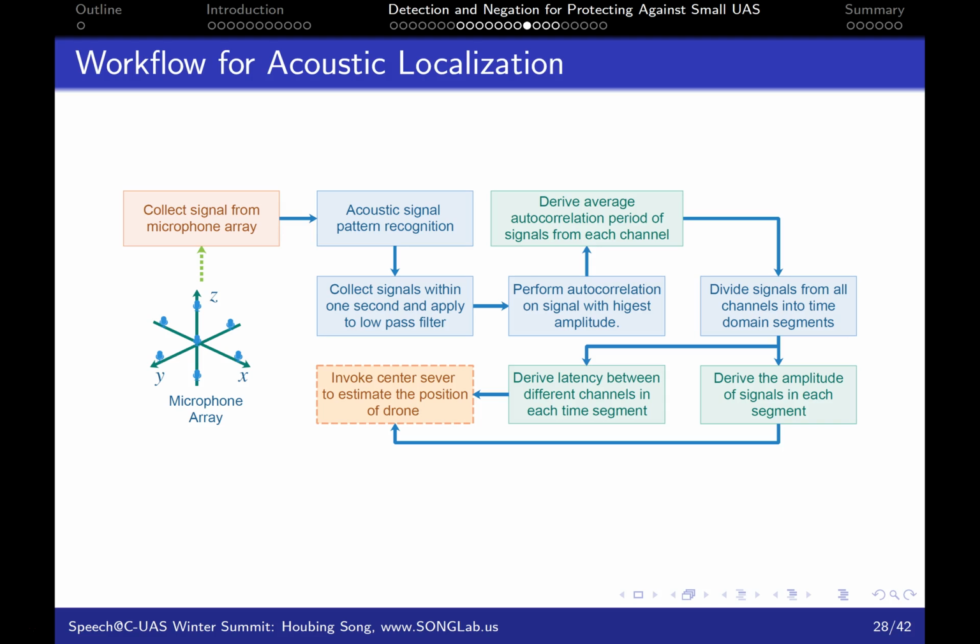Then we perform autocorrelation on the signal with the highest amplitude. We derive the average autocorrelation period of signals from each channel. Then we divide the signals from all channels into time domain segments. After that, we derive the amplitude of signals in each segment and derive the latency between the different channels in each time segment. Then we can invoke the central server to estimate the position of the UAS.